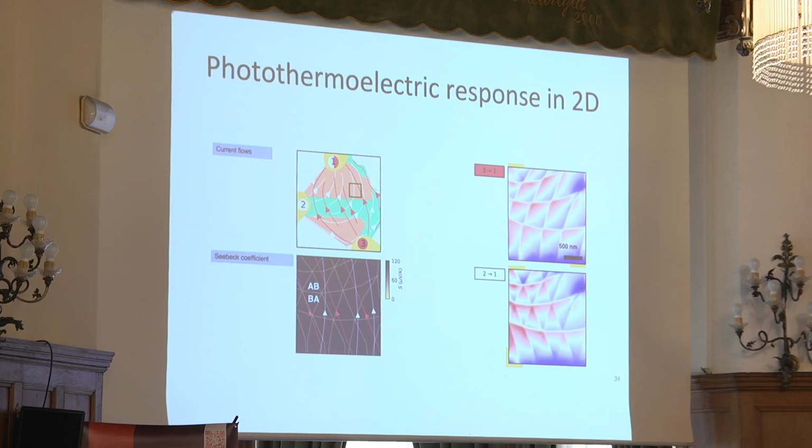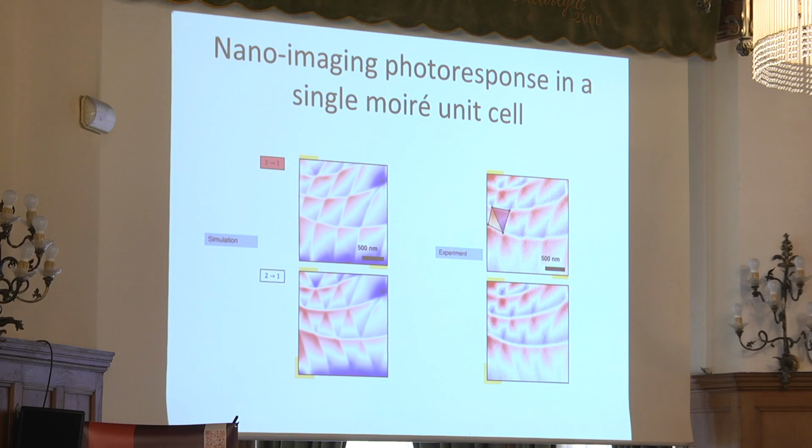And this is now a calculation on the left, and on the right side is the experiment. So we can really understand very well this system, right? And then really learn about spatial variations of the Seebeck profile.